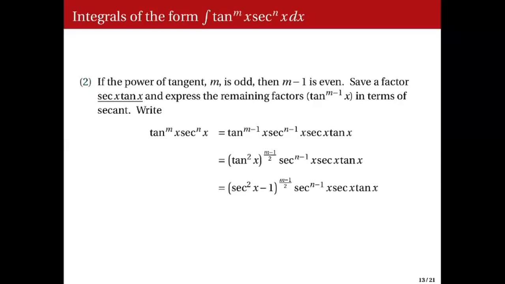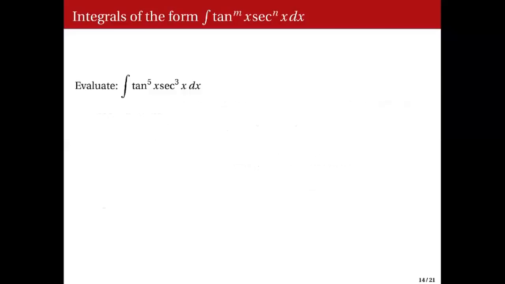So everything will be in terms of secant except for this tangent, and this tangent we will attach to the secant here. So you expect the substitution should be u equals secant x. Let's put that into practice.